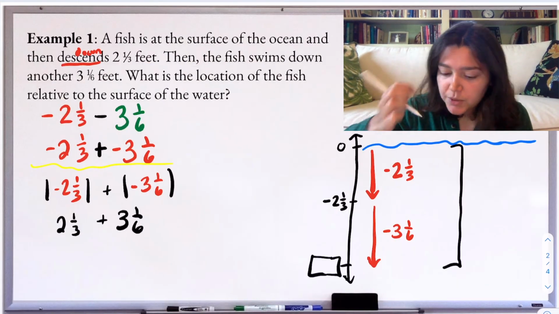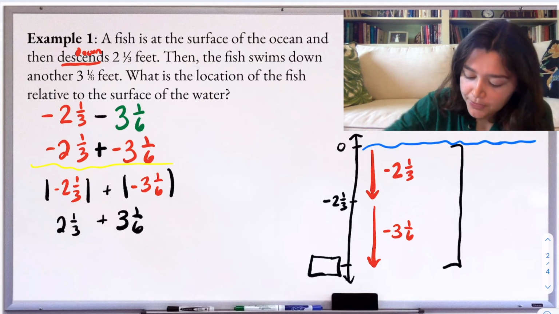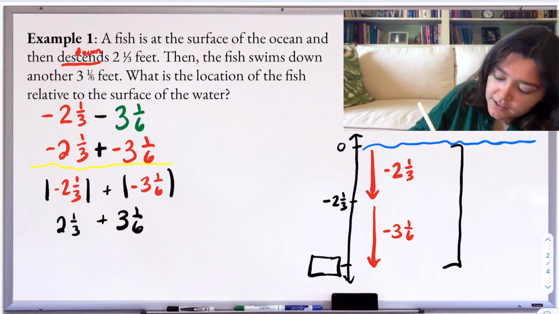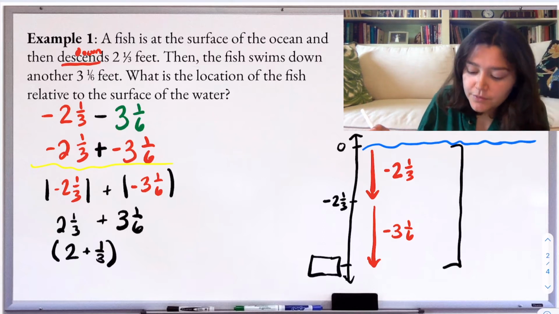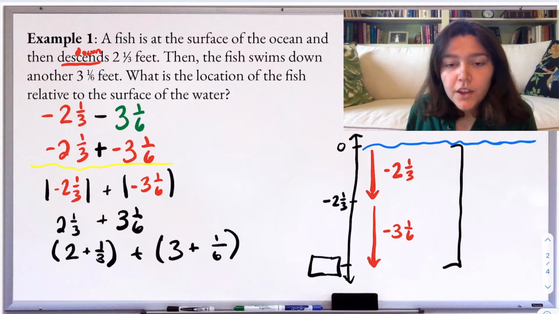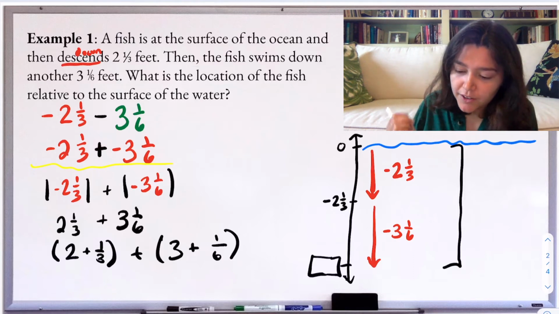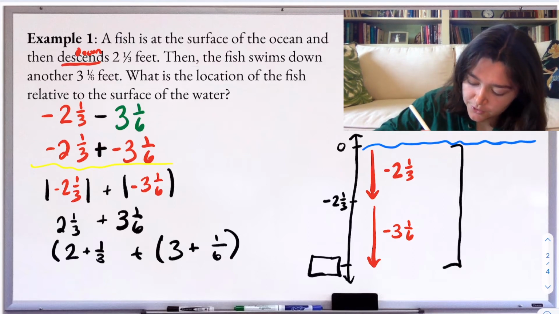But I think it would be good to try to represent what these mean and see where all these things come from. So 2 1/3, that's the same thing as 2 plus 1/3. And then 3 1/6 is the same thing as 3 plus 1/6. So if we think in the realm of like terms, we're all adding here, so these parentheses actually aren't doing anything.